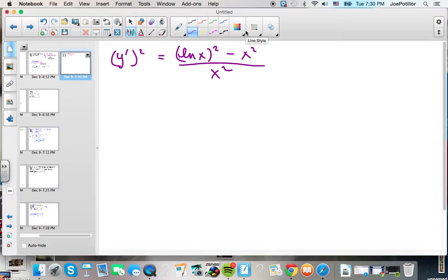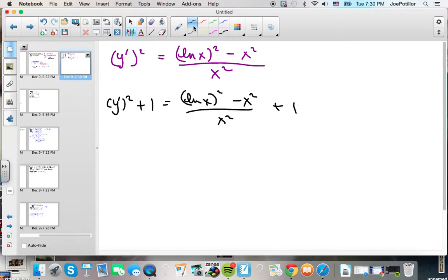Now from here, I can split this into two, or we can just continue from here. So we do y prime squared plus 1. Adding 1, we have ln of x squared minus x squared all over x squared plus 1. Of course, we need a common denominator, which is x squared over x squared.